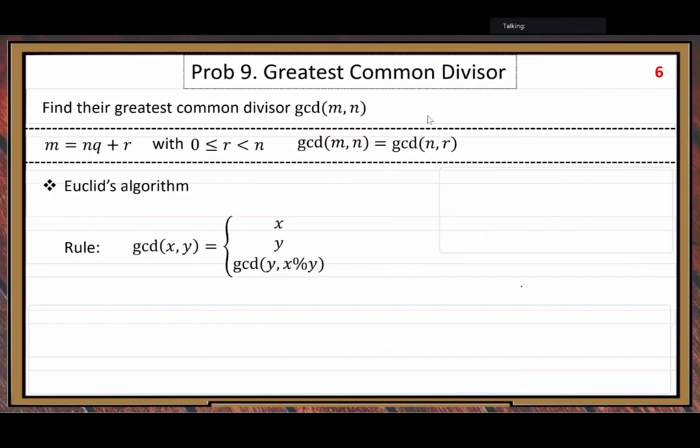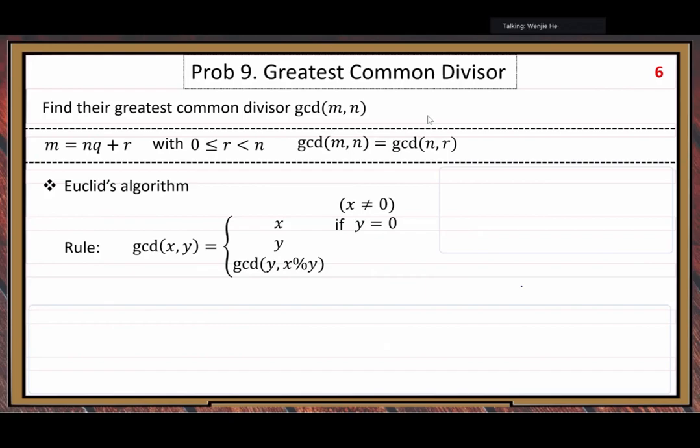The first case: if y equals 0, it's possible the second parameter y equals 0 but x is not 0. When y equals 0, x is the answer, because x is also a divisor of 0. Any integer is a divisor of 0.